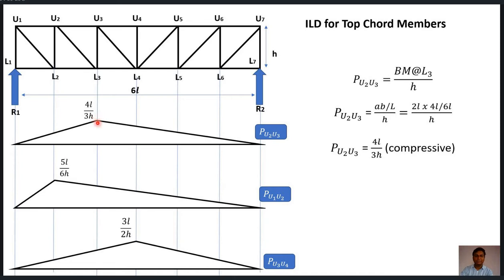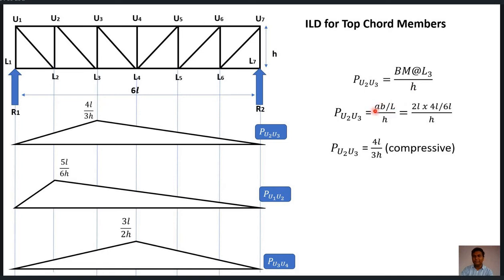Once we locate the position of the maximum ordinate, we have to find the magnitude of this ordinate. Now how to find the magnitude of this ordinate? As we have seen, P U2 U3 varies according to the bending moment at L3, and here we use the formula for drawing the influence line diagram for bending moment at a section, which is equal to AB by L upon H, as it is.